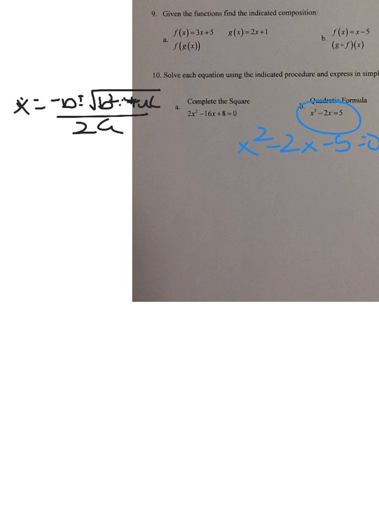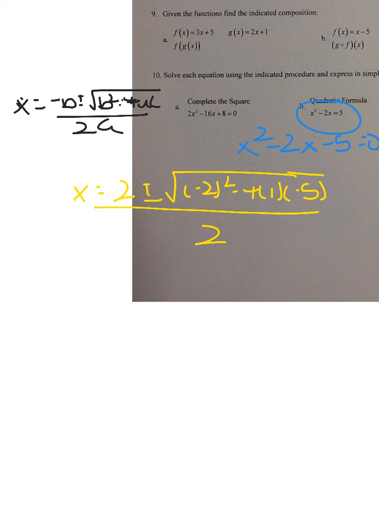All right, so my a is 1, b is negative 2, c is negative 5. So that's x equals 2 plus minus the square root of negative 2 squared minus 4 times 1 times negative 5 over 2 times 1. So that's x equals 2 plus minus the square root of 24 over 2.